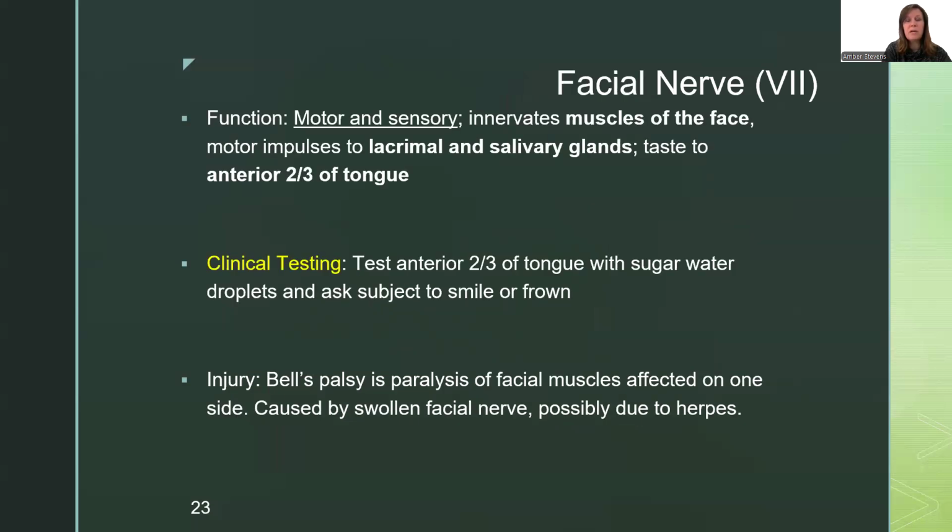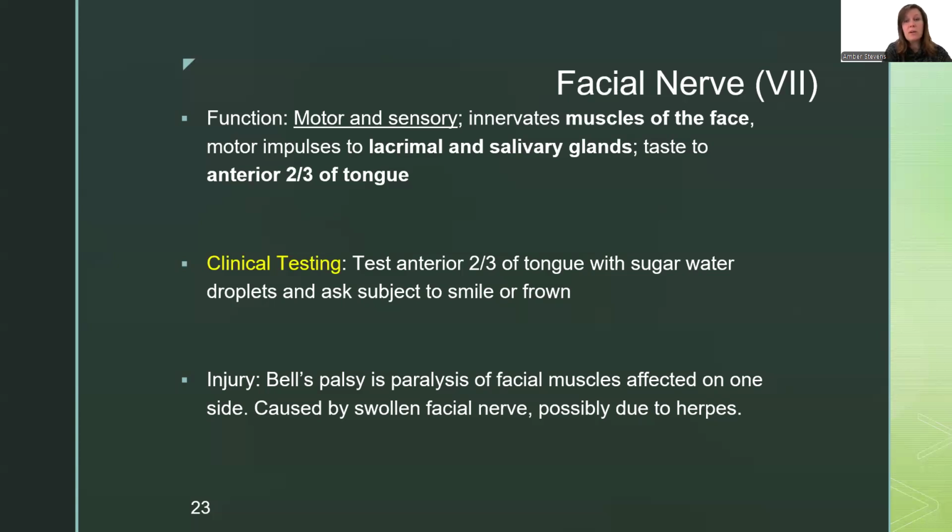All right, so facial nerve, number 7. This is also a mixed nerve. The motor function controls facial expression and stimulates lacrimal glands, or tears, and also salivary glands. That's also really important in dentistry.